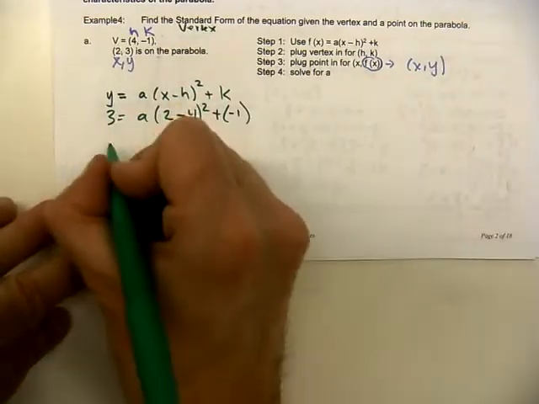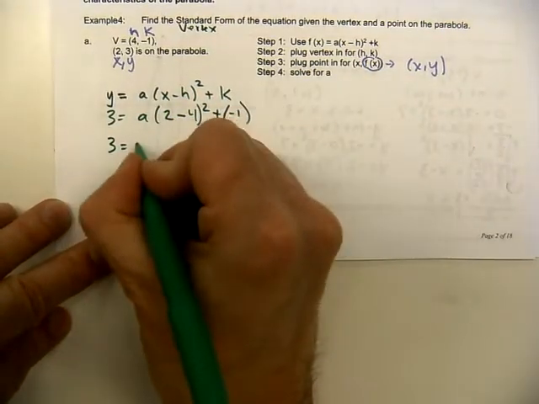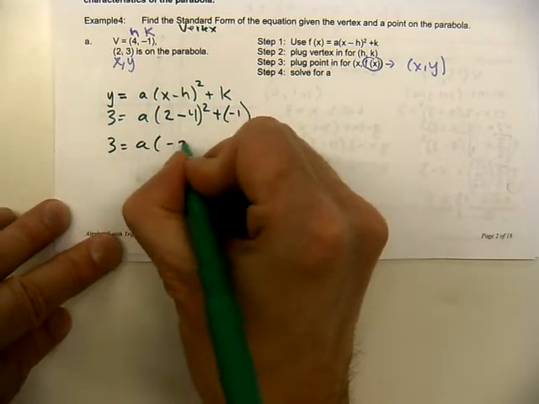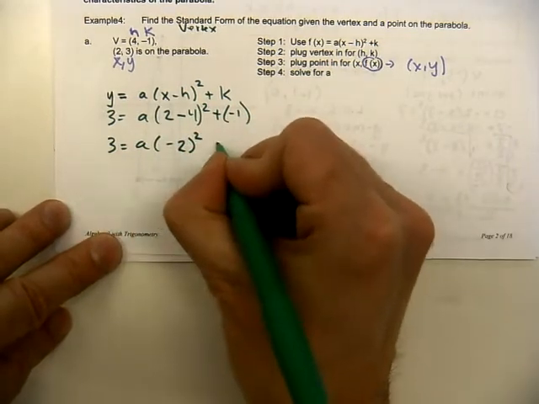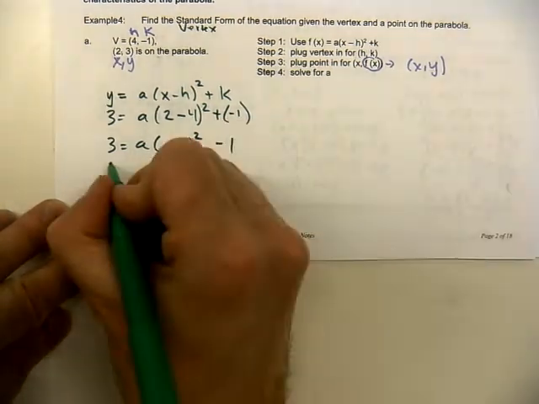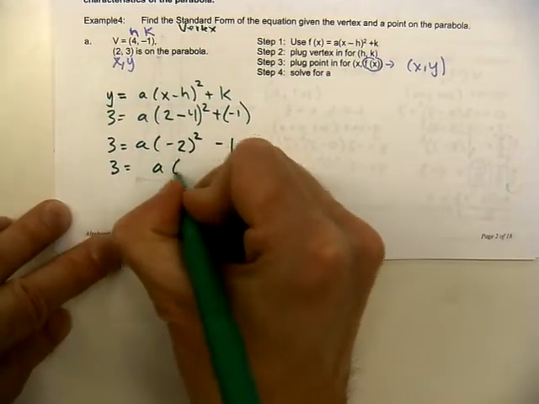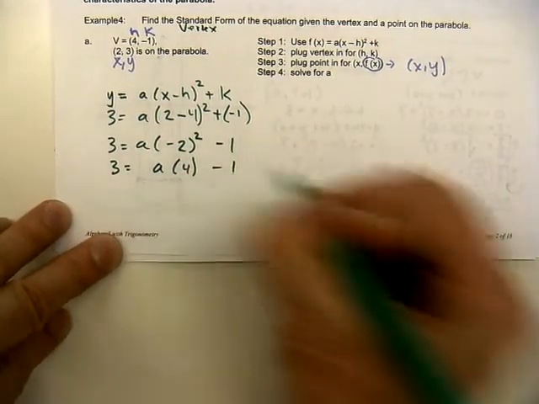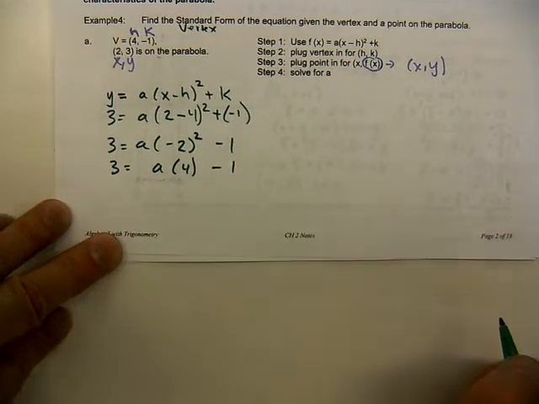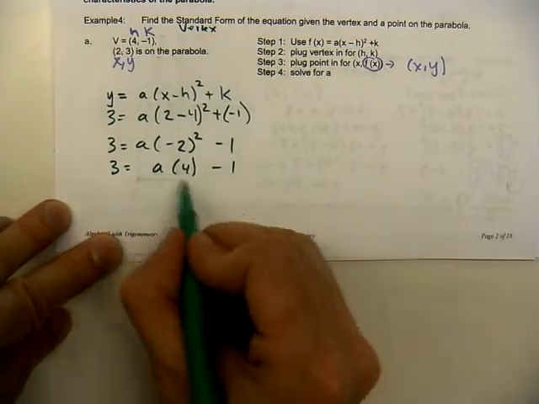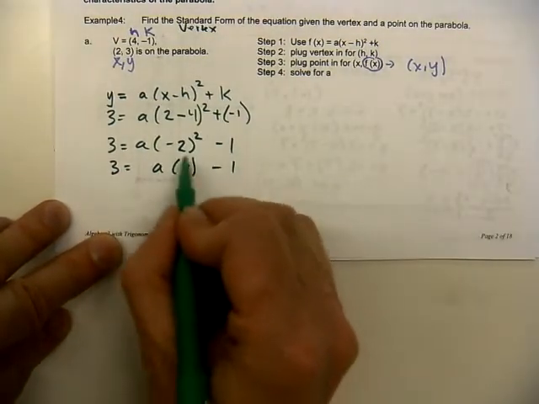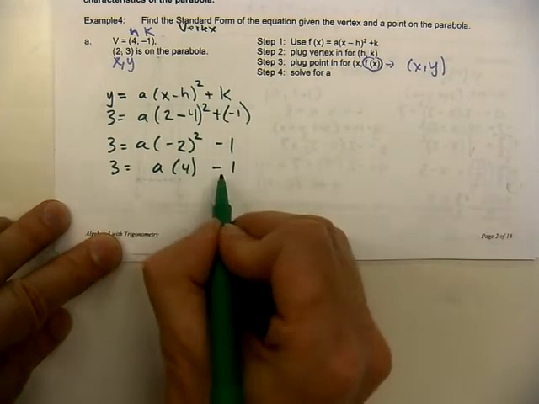So order of operations tells me I need to focus on the grouping symbols here, with a negative 2 on the inside. Then we'll square that negative 2, and that becomes a positive 4. Now be very careful here. Don't make this mistake. Don't think you're going 4 minus 1, because those are not like terms.